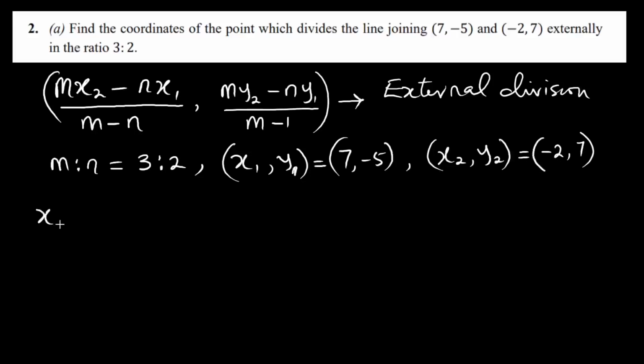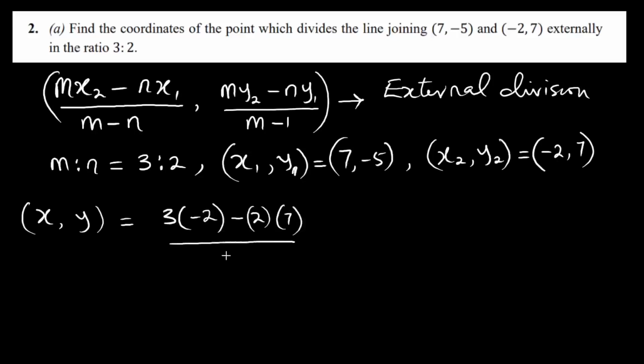So I can call that (x, y) is going to be equal to, we apply this formula, m is 3, so I'm going to have 3 times x2, which is -2, minus n, which is 2, times x1, which is 7, all over m minus n, which is 3 minus 2.